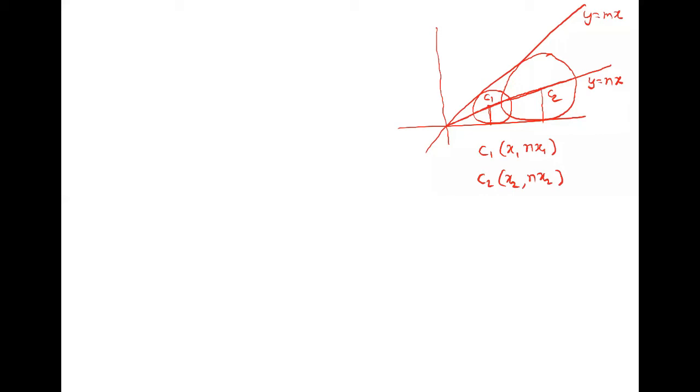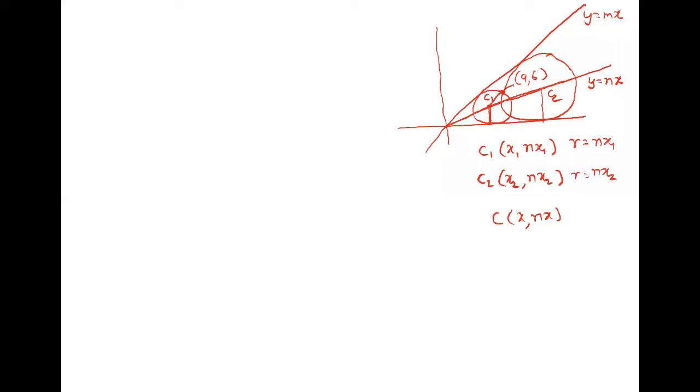Clear? And this point is (9, 6). You join this. This is the radius. So what is the radius? Radius equals nx1, and nx2. Correct? Now, in general, I can write center as (x, nx), where x1, x2 are the two points.